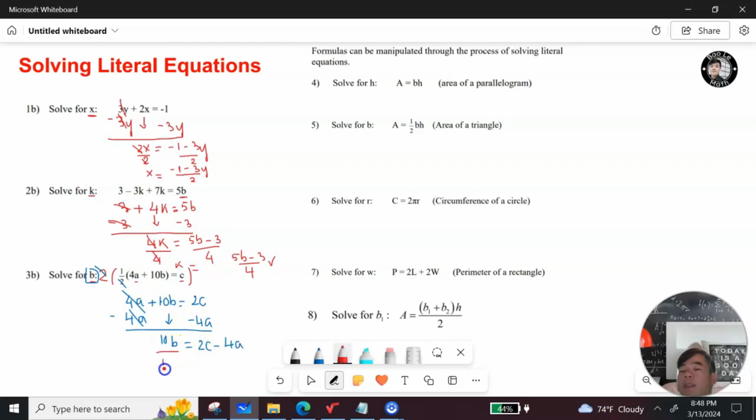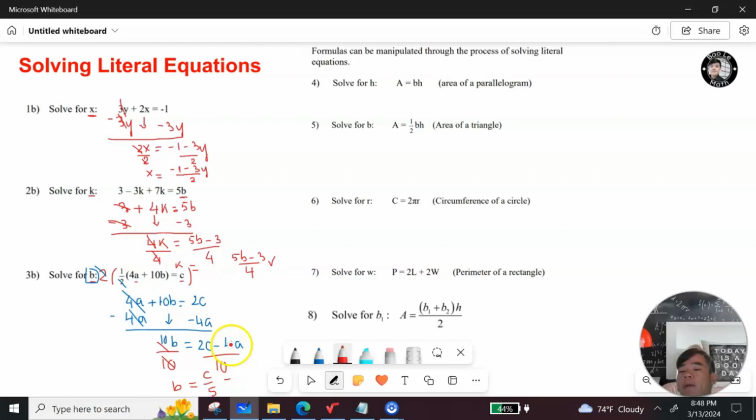Next, since I'm trying to solve for b, I divide both sides by 10. I'm going to end up with b right here. This and this cancel out. Now this is 2c minus 4a divided by 10. I take each term divided by 10. So 2c divided by 10, I simplify 2 and 10, and I'm going to end up with c over 5.